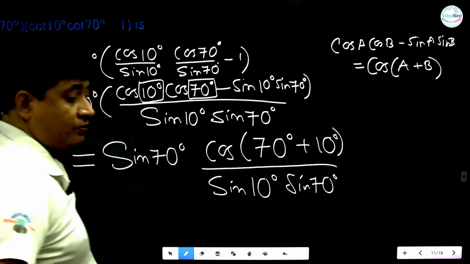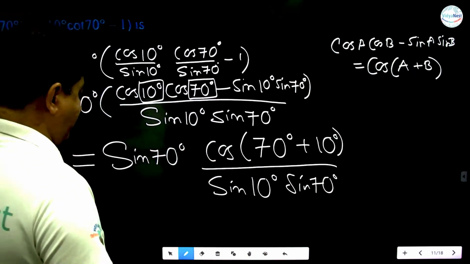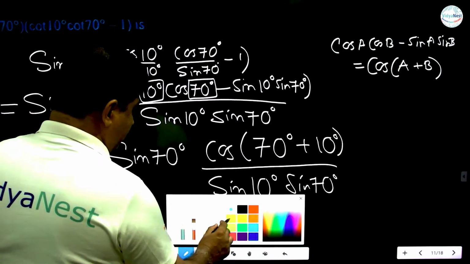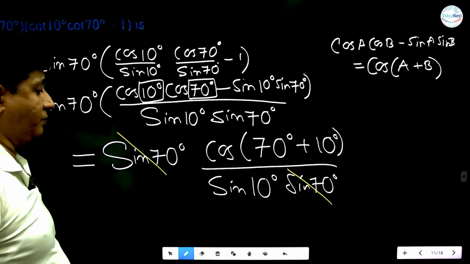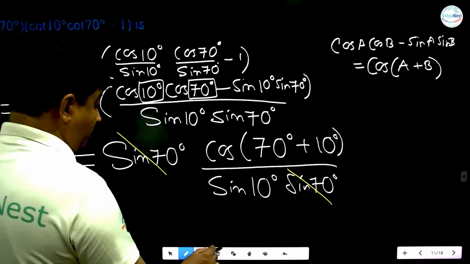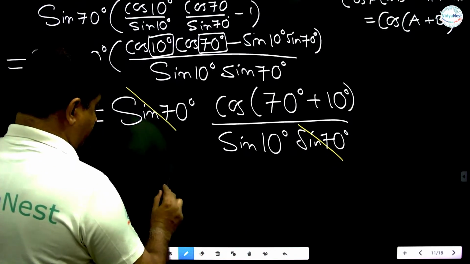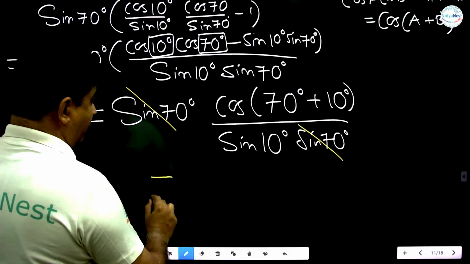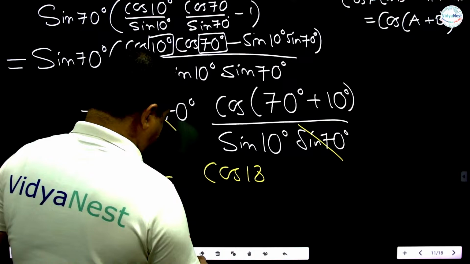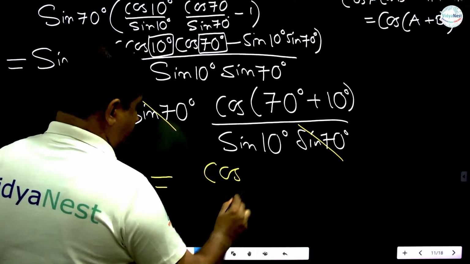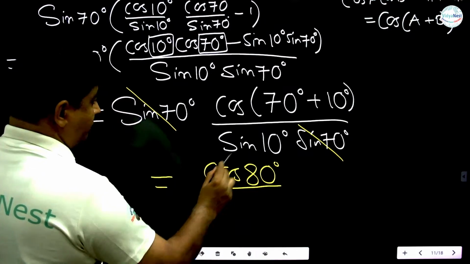Now what can I cancel from numerator and denominator? It is clearly visible that this part and this part will get cancelled. What will be left for you? Sin 10, yes, cos 80 by sin 10.